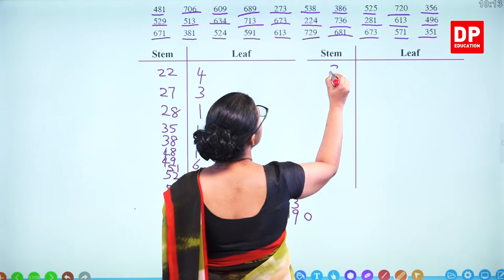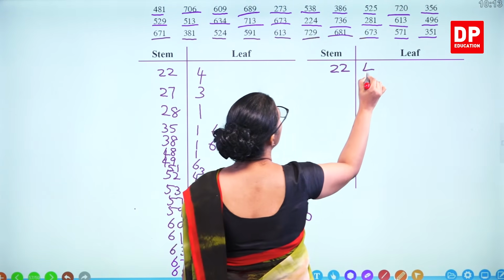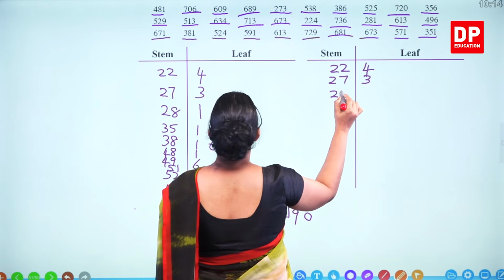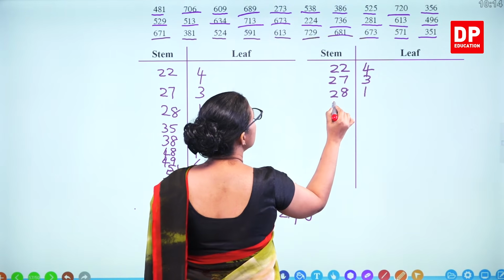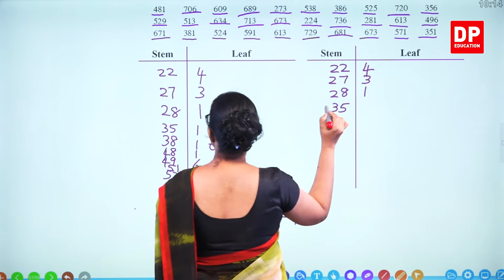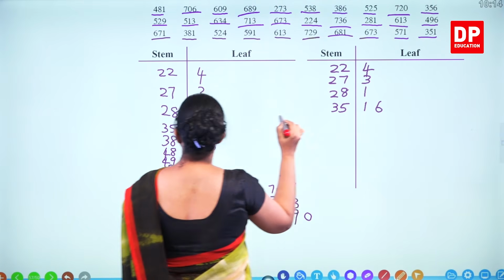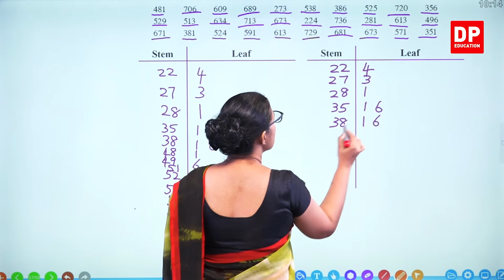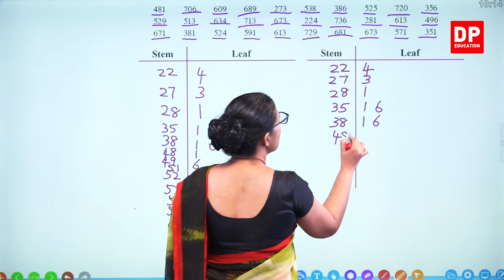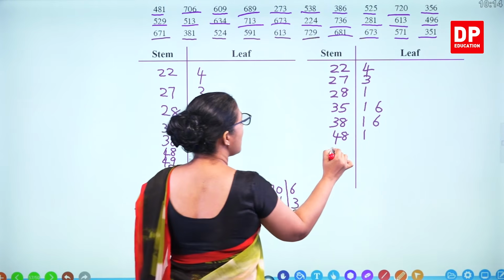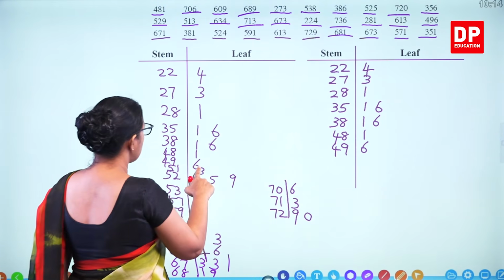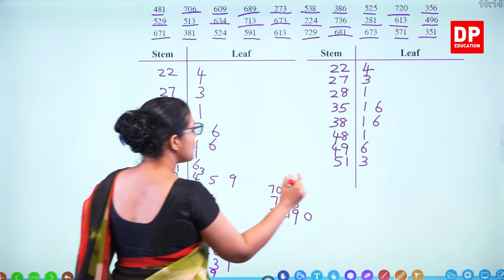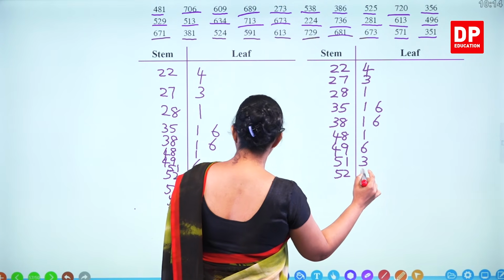So I can write 22, 4, 27 with 3, 28 with 1, 35 with 1, 6, 38 with 1, 6, then 48 with 1, 49, 6, 51, 3, 52, 4, 5, 9.